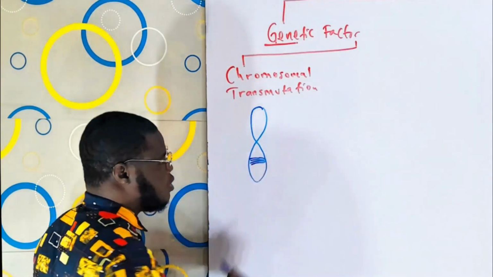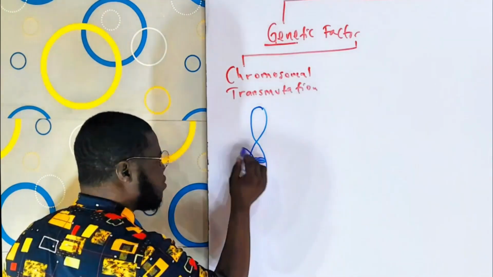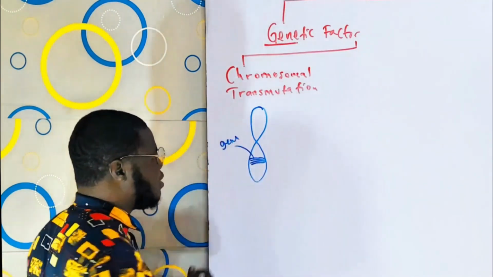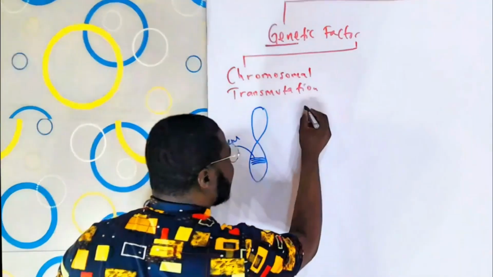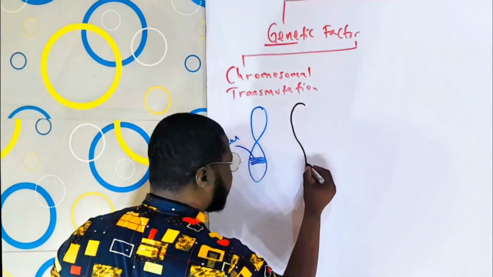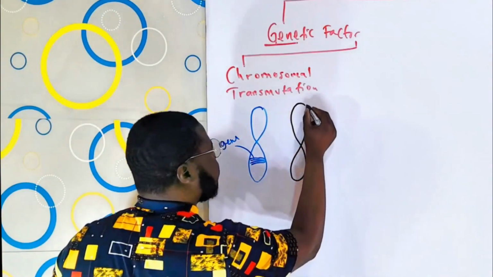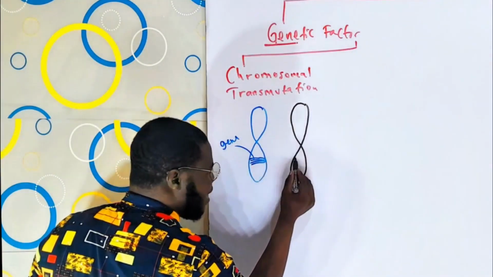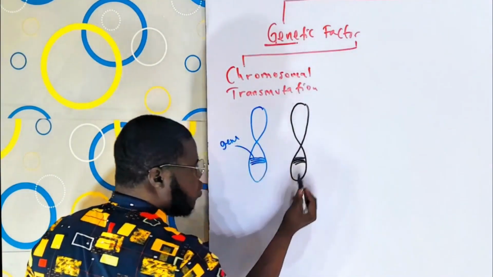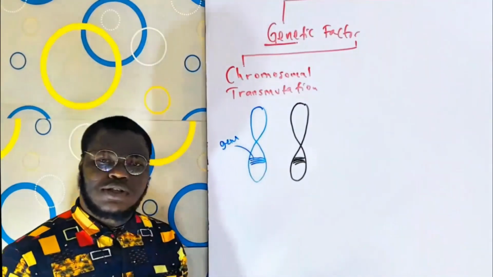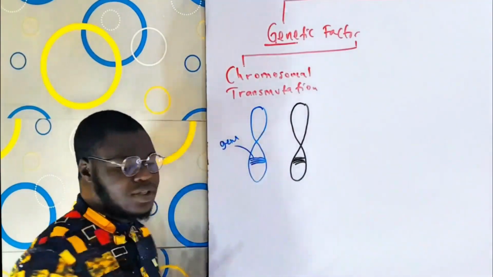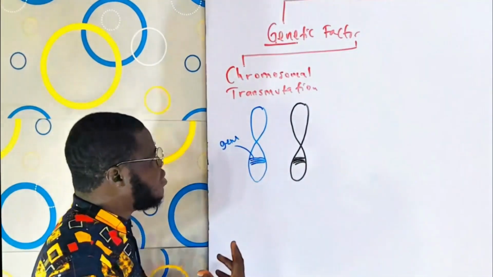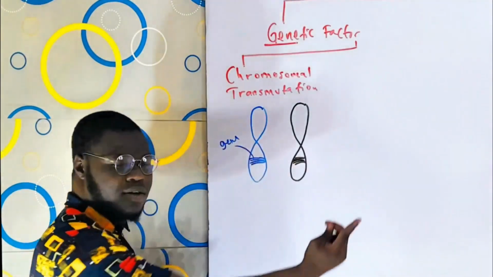Now, let's assume we have a different chromosome right here, another chromosome. Inside this one too, it has its own gene as well. When it comes to transmutation, apologies about that, you can just think of it as transfer.